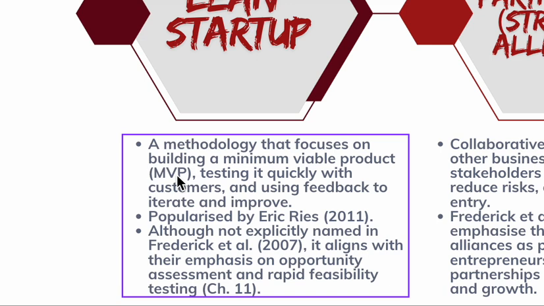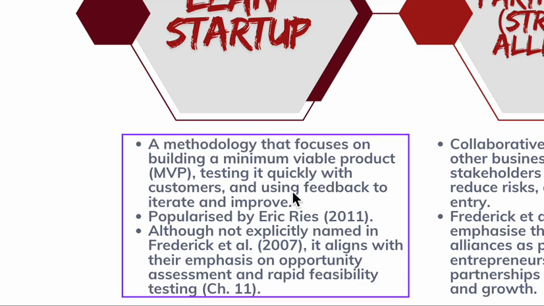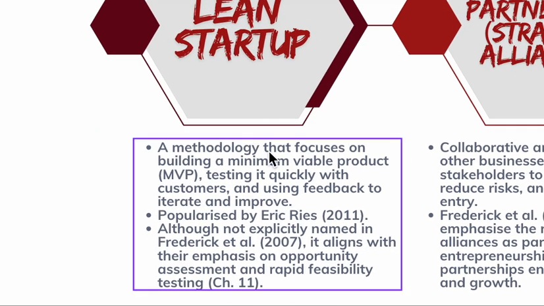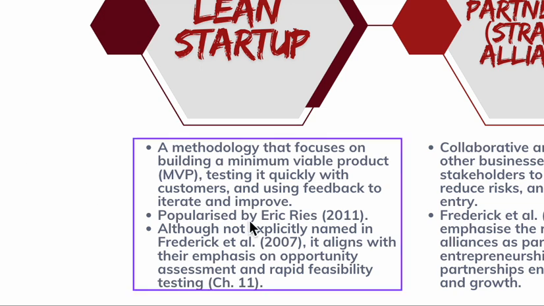It tests the product with customers and uses their feedback to refine the product. So instead of spending years developing something in isolation, entrepreneurs can now experiment with the product quickly, fail fast and adjust. This emphasizes the importance of opportunity assessment and also rapid feasibility testing.